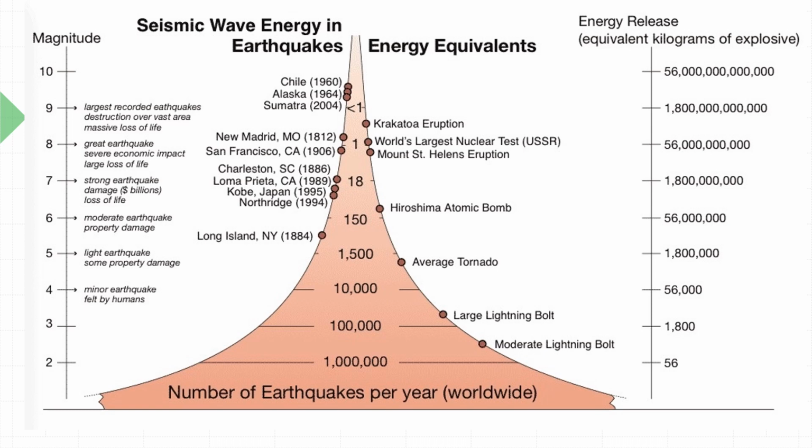And if you multiply 1800 and 32, you will get a number which is close to 56,000. So this is the 32 times more energy release, and it is 10 times larger in the numbers than the previous one. So 1 point difference means 10 times more effective and 32 times more energy. And here you can see various important earthquakes that have occurred in the past, in history, in this figure.